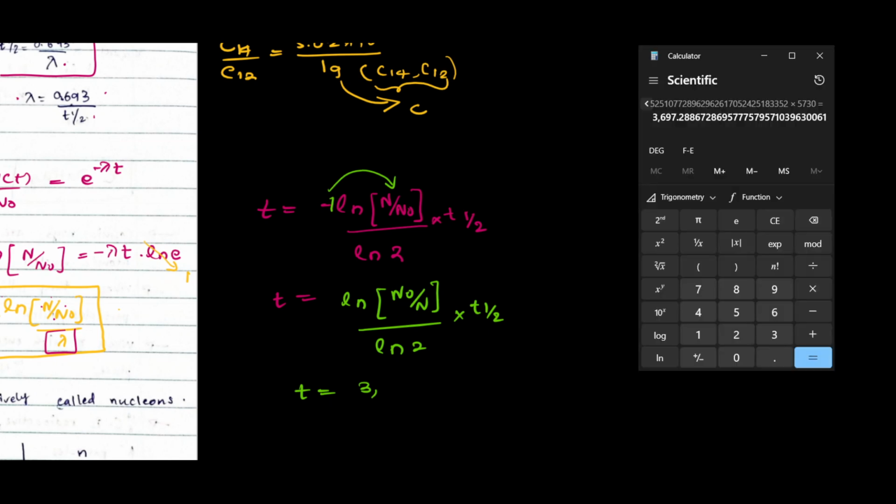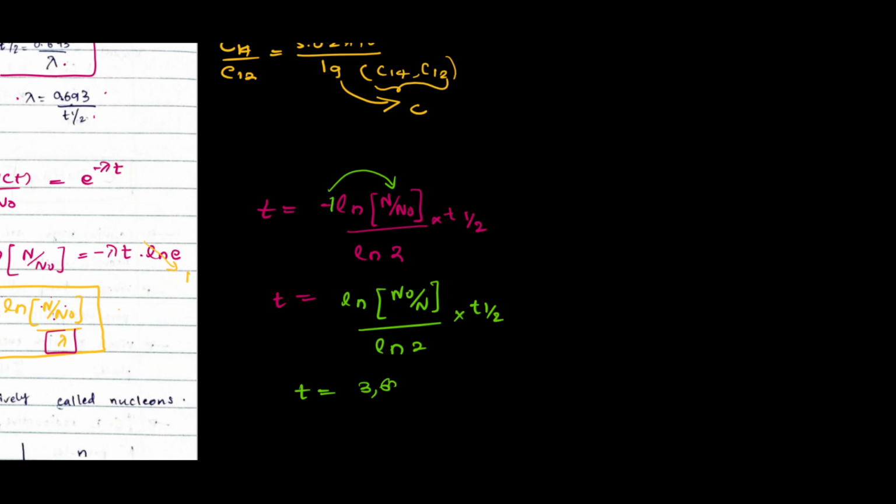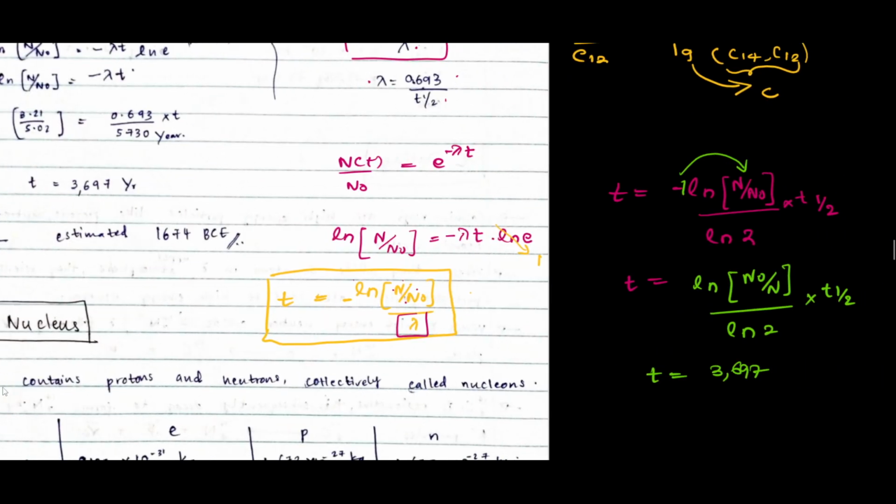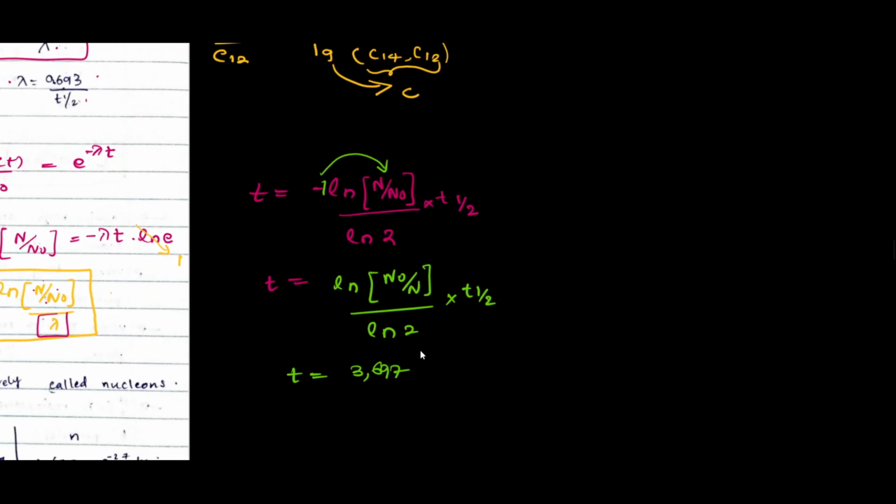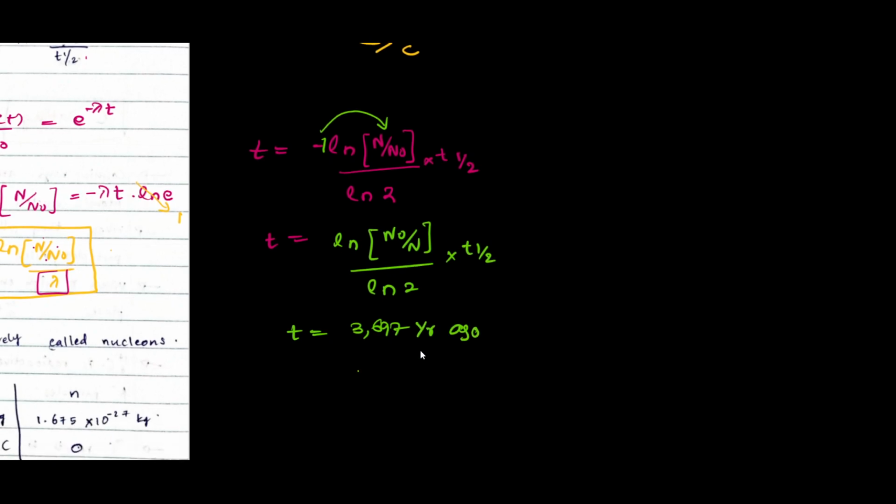Okay, so here it is 3697 years ago. Now let's say the current year is 2013. So if we deduct from 2013, then we get 4861. So that's around 1648 BCE.